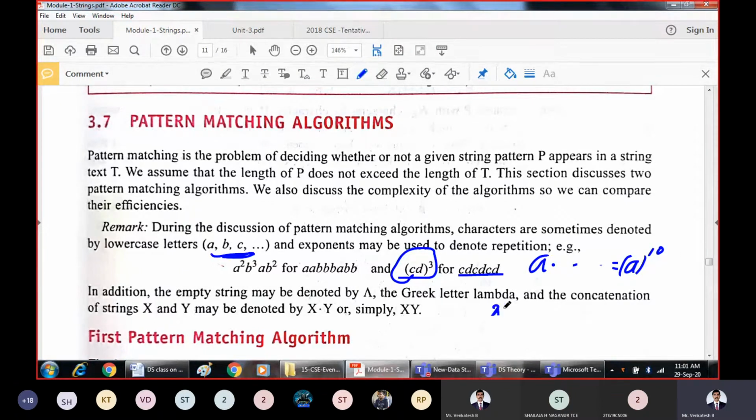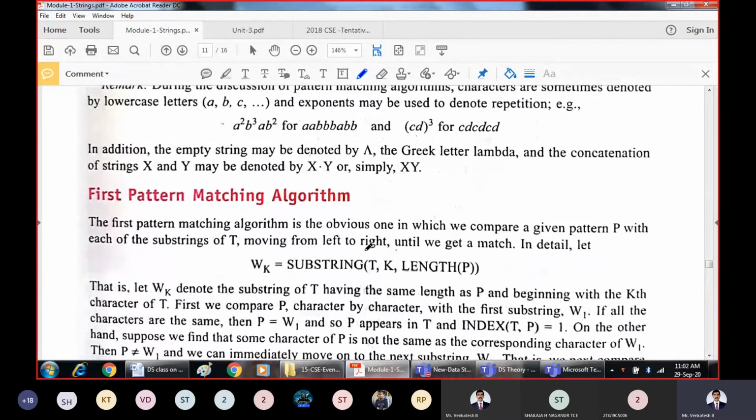If xy is appearing 10 times, you can write it as xy raised to 10. To indicate multiple occurrences, we use exponential notation.